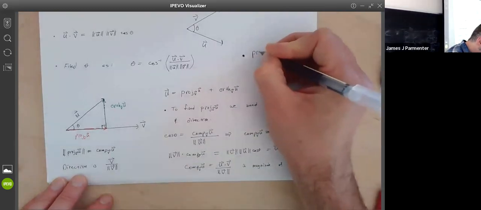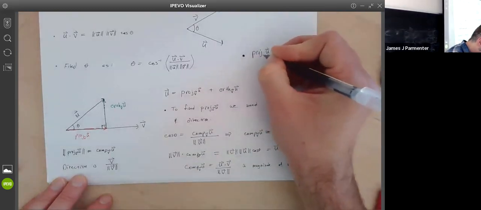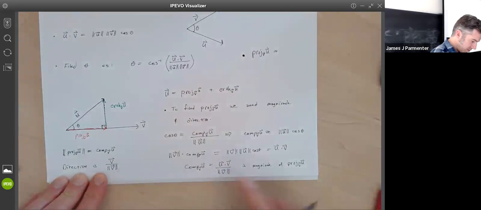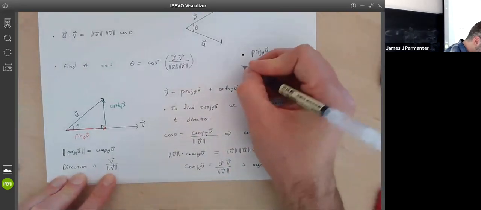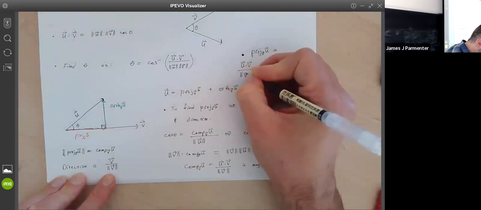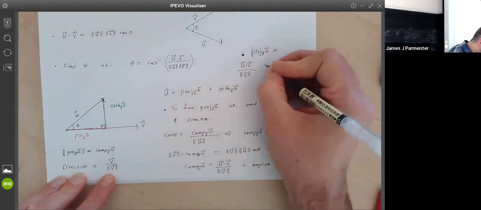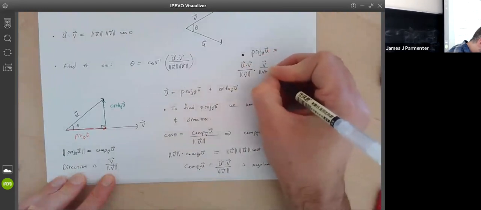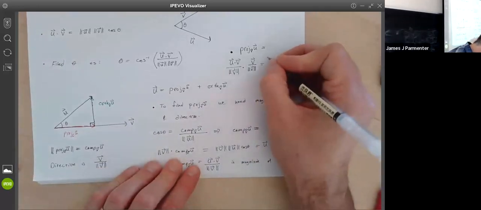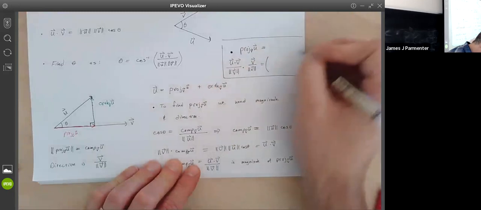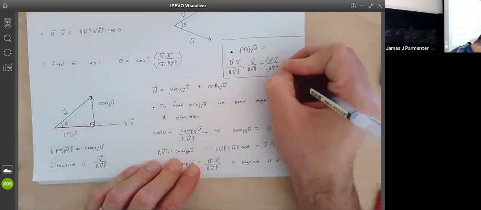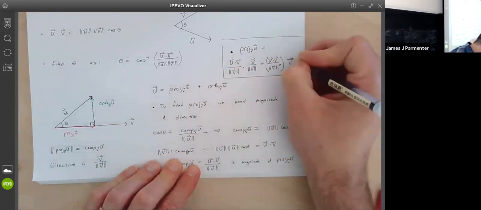Putting all the scalar parts together, that's u dot v divided by the magnitude of v, times the vector v divided by the magnitude of v. Or as people often write it, u dot v over the magnitude of v squared times the vector v.